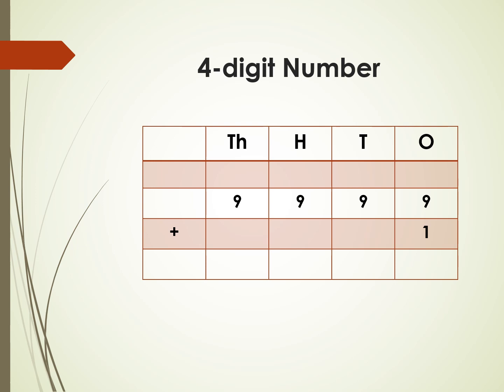Adding 1 to 9999 gives us 10,000. 10,000 is a 5-digit number.